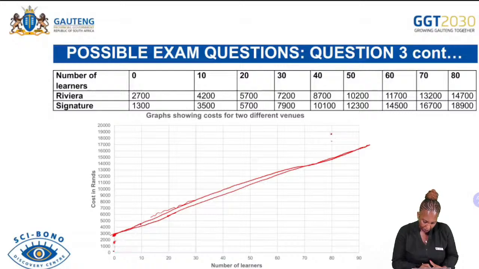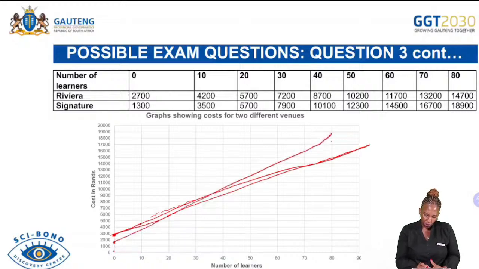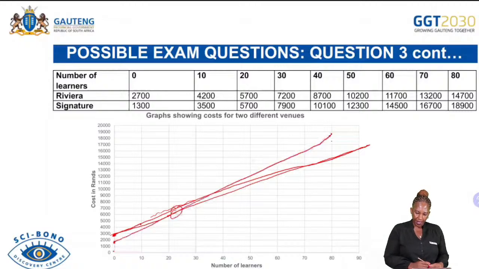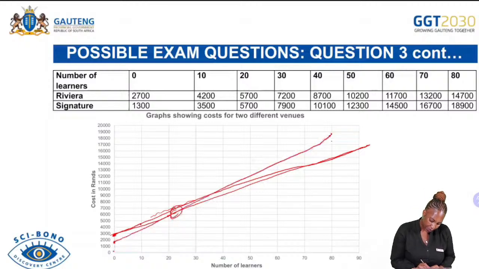So it will start here and then it will go straight up until 18,900. So now this is where they meet. As you can see, now my graph is not so clear. I needed to delete this one, but I hope you'll be able to delete.